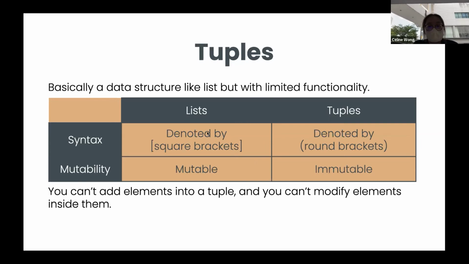And next, a list is mutable, while a tuple is immutable, so it's not mutable. What do I mean by this? I'll use the next example to demonstrate.